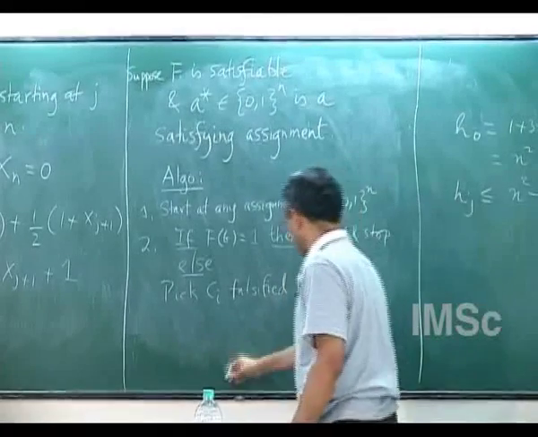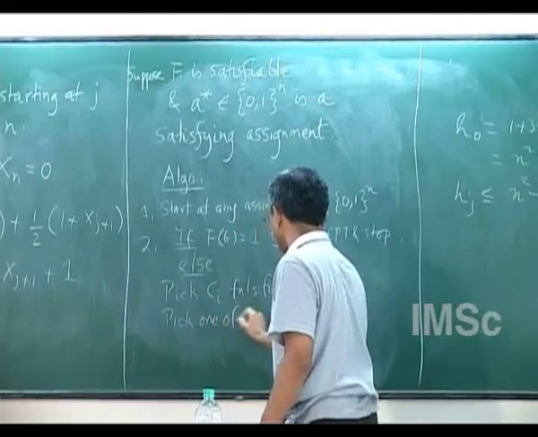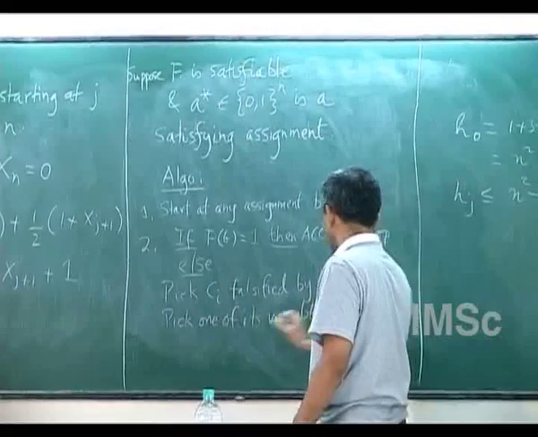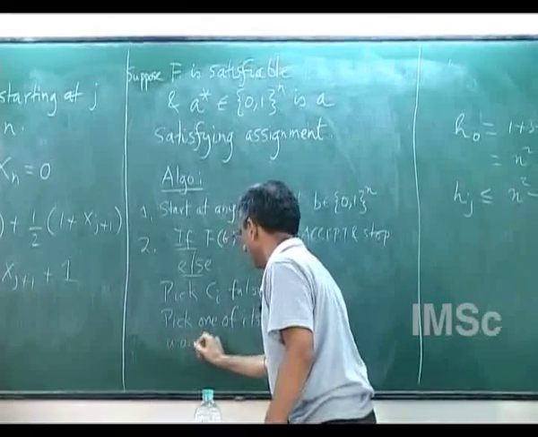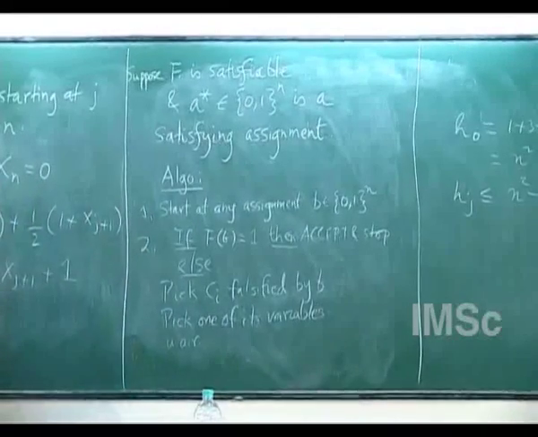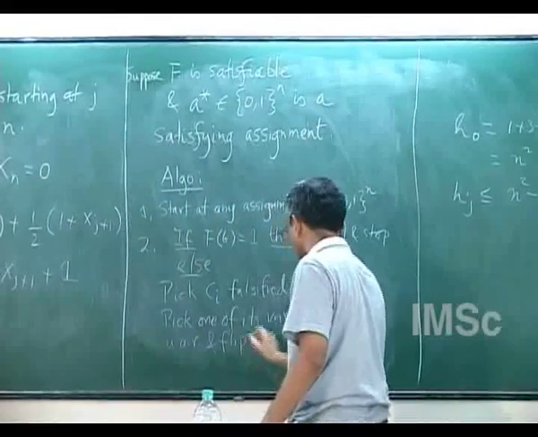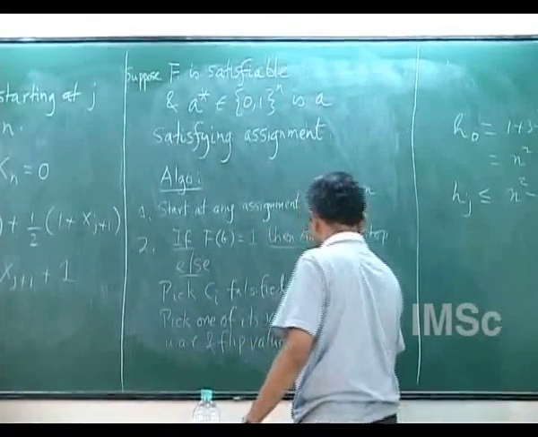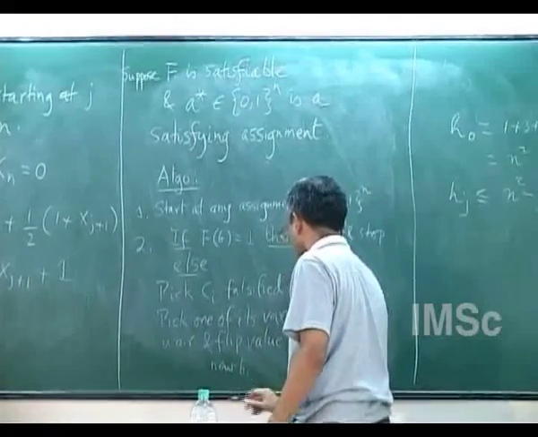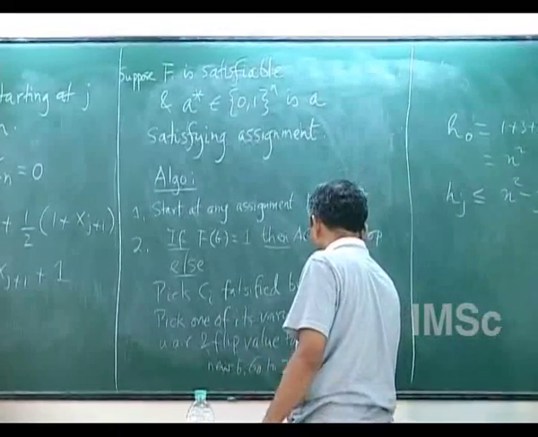Pick one of its variables uniformly at random. So you flip a coin to decide whether you're going to pick x1 or x2, and flip its value, to get a new B. And then we'll go to step 2 again.